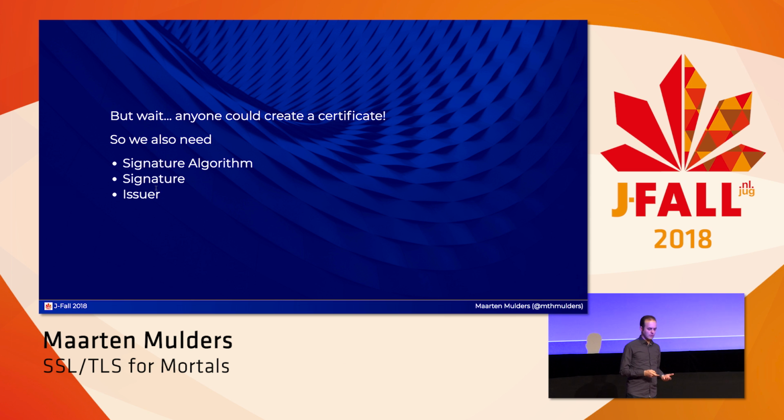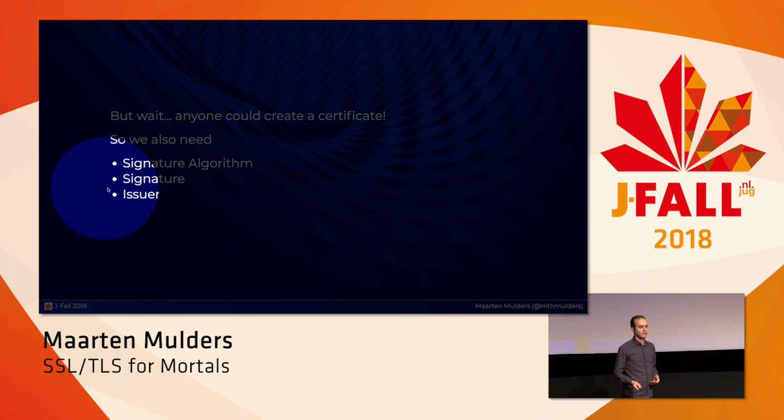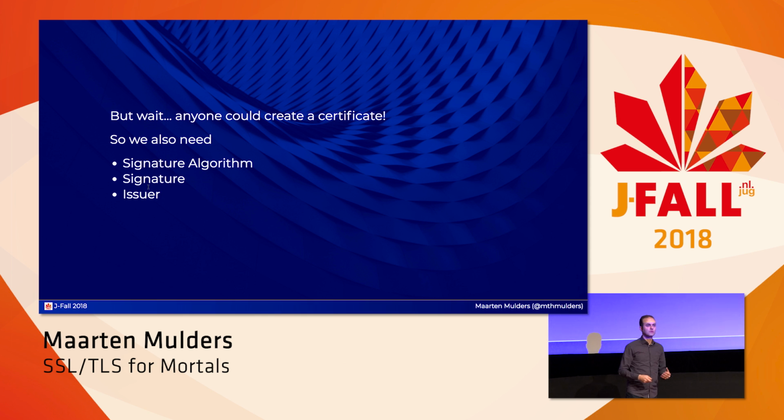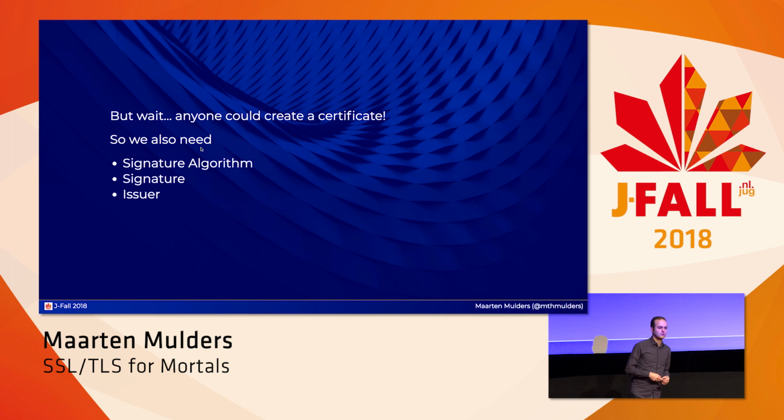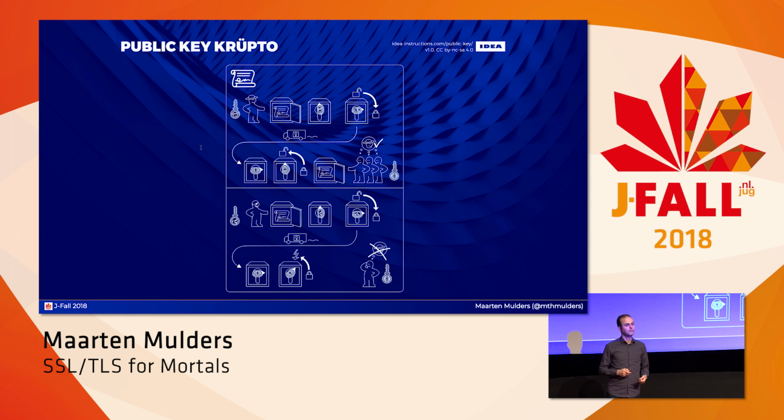So a certificate also contains the name of the issuer, the party who issued the certificate, a signature by that issuer, and a signature algorithm, which is just a mathematical formula that computers can use to verify the signature. So how does this work, signatures? Well, public-private keys to the rescue, once again.